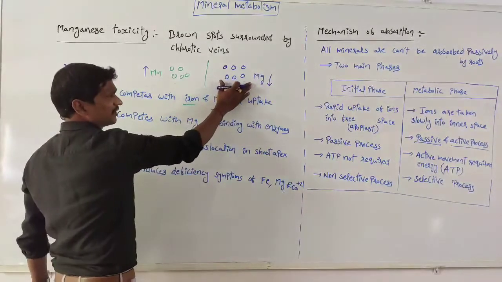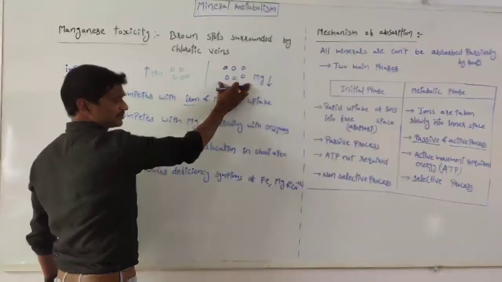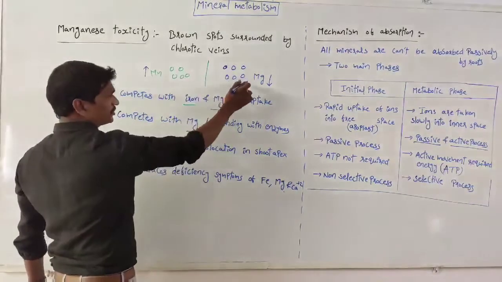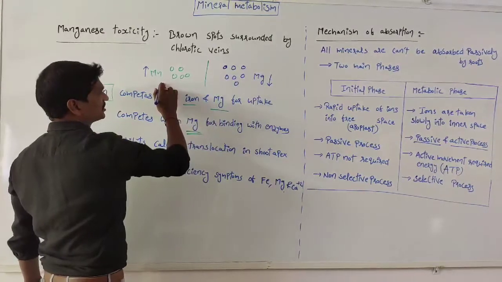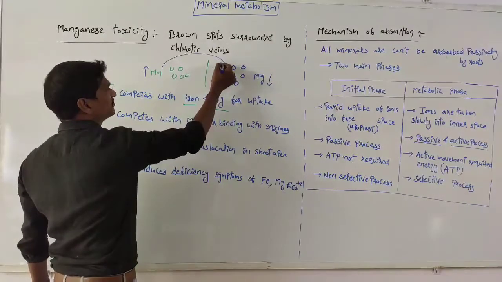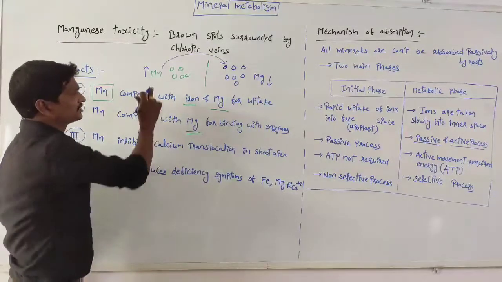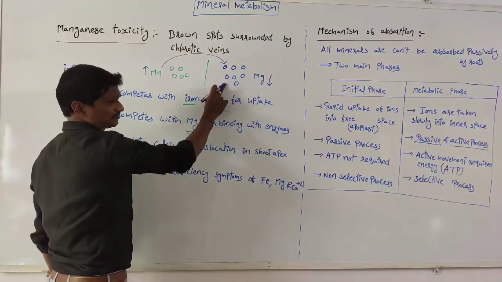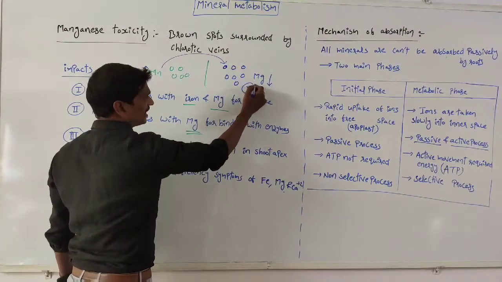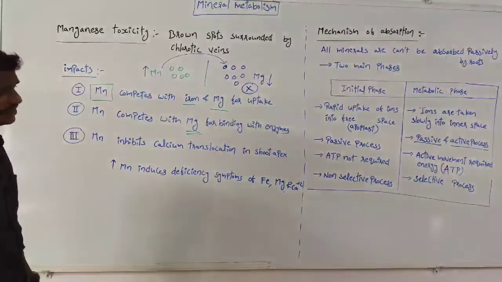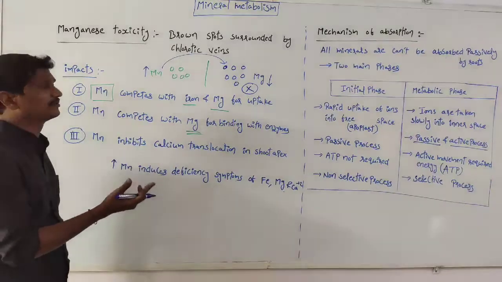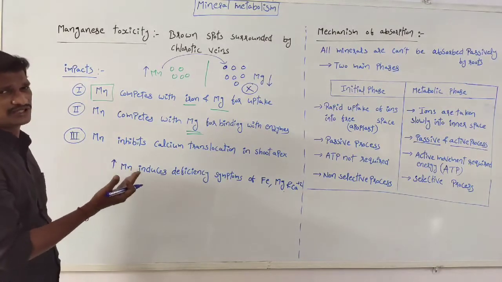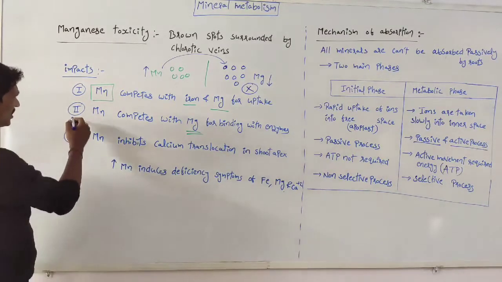But these enzymes always require magnesium. So see, this one is low concentration and this one is high concentration. In that case, manganese binds with these enzymes. Once the manganese binds with these enzymes, they do not show activity. So the enzymes are also inactivated in the presence of manganese. The enzyme activity is inhibited by manganese. That is the second impact.